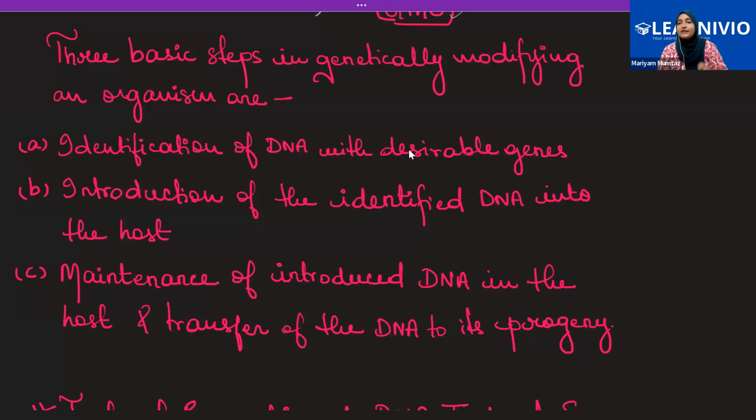Secondly, after identification, you put it into the host. You cannot directly put it into the host; rather, you send it into a carrier, and the carrier will take it into the host. And lastly, you have to maintain it in the host so that you can get the desired product. So these are the three basic steps employed during the production of GMO.